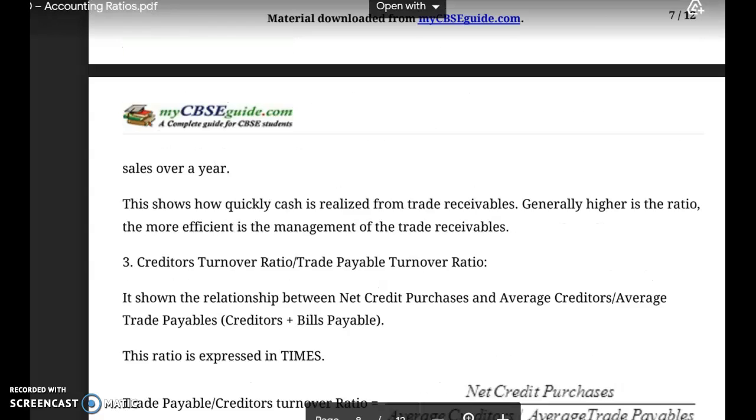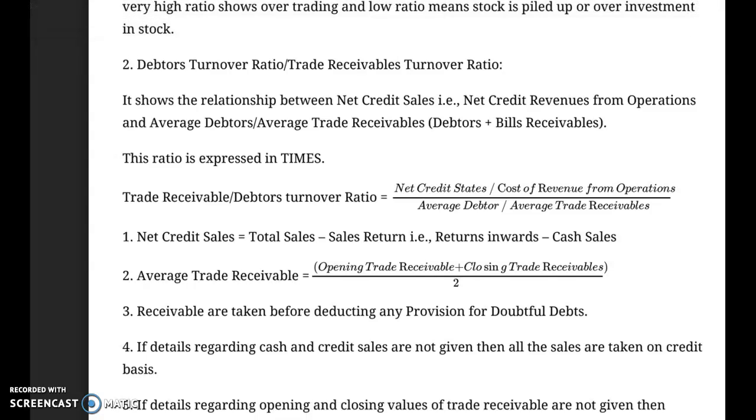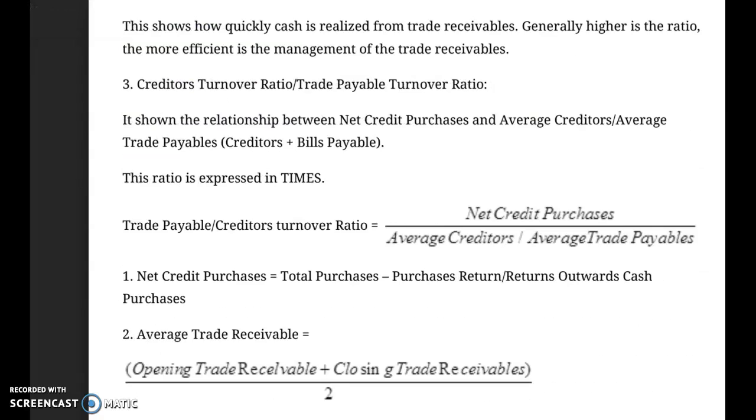It is just the same way as we had calculated the debtors turnover ratio. As debtors are the result of credit sales, we had taken the net credit sales divided by the average receivables. Likewise, for the creditors turnover ratio, net credit purchases are divided by the average creditors or average trade payables.